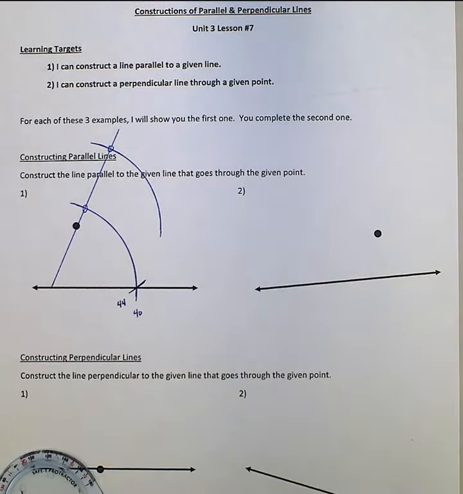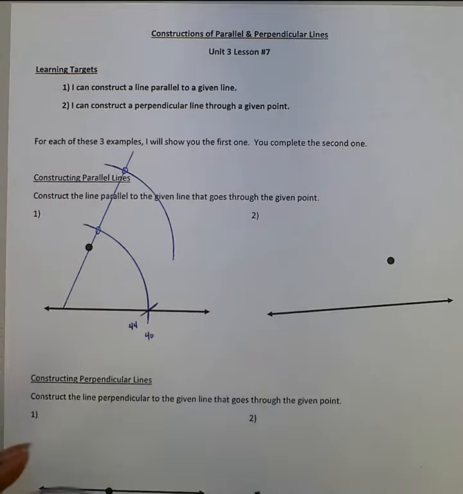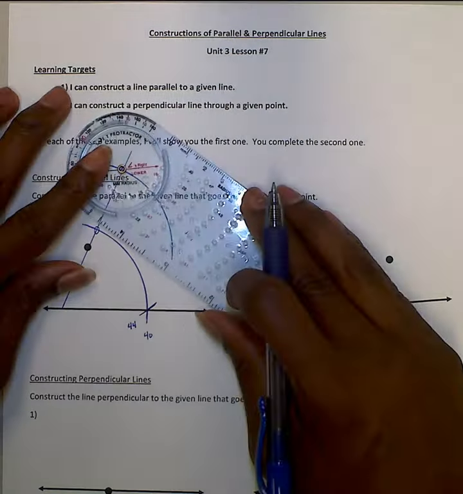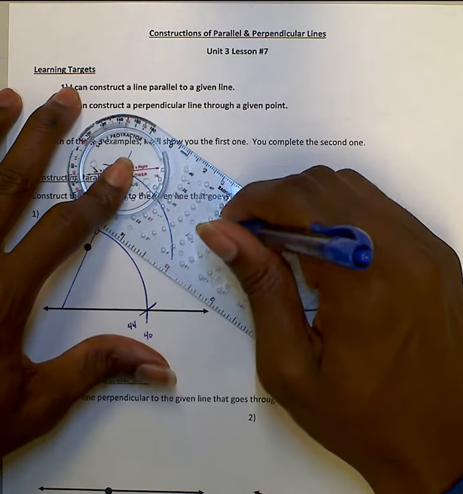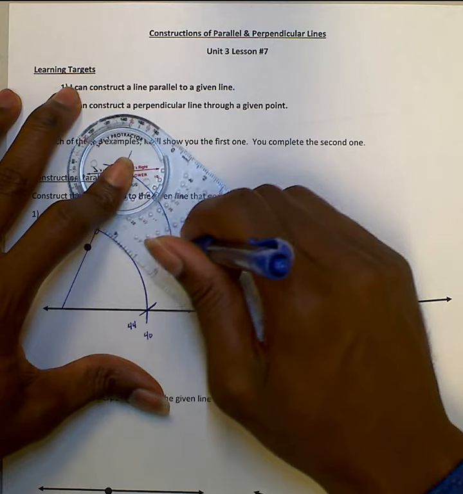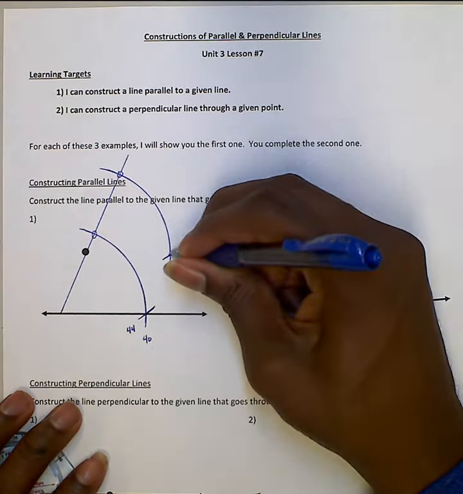Now I'm going to come down to my other one and do the same thing. Get here, go to 44, and go through here. And now this is my intersection.